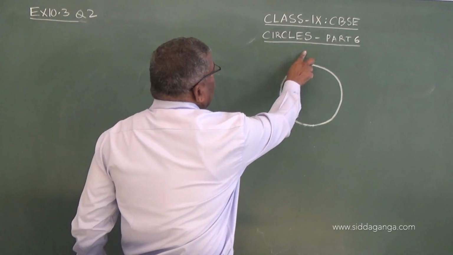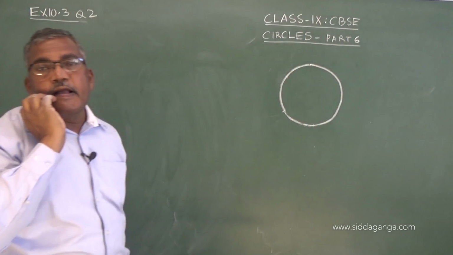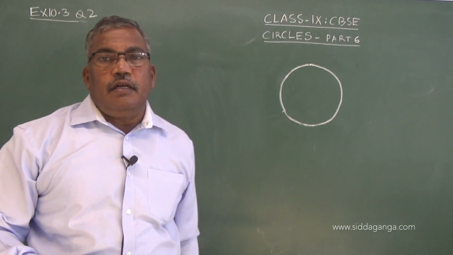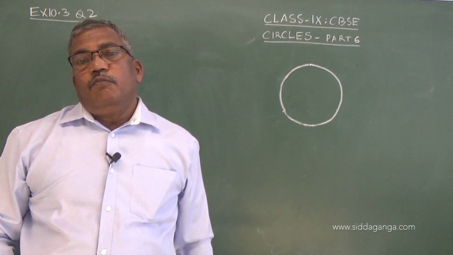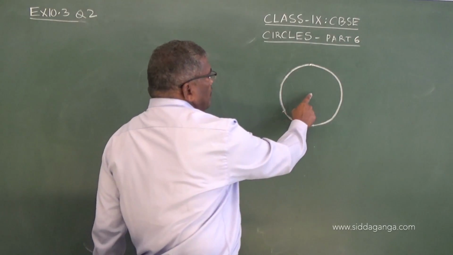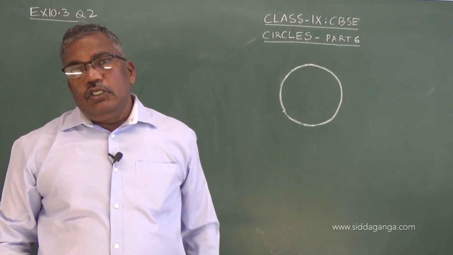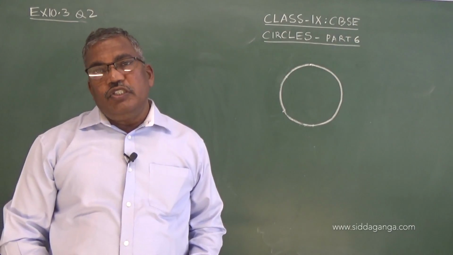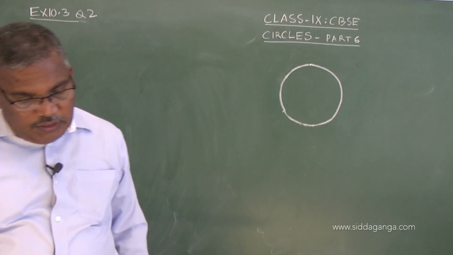So, the question is this: we are having a circle. We don't know its center position. That means we don't know the center of this circle. We have to locate the center of this circle. So, what is the procedure for that? This is what the question number 2 says.